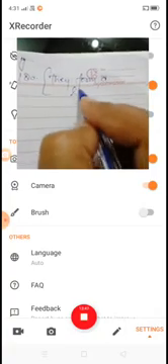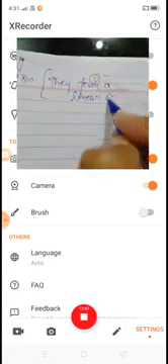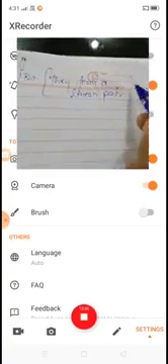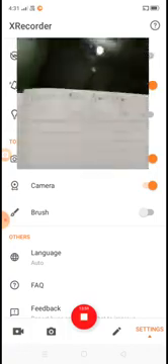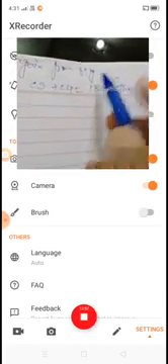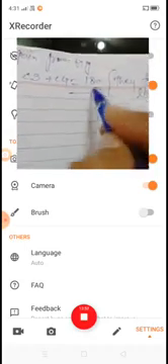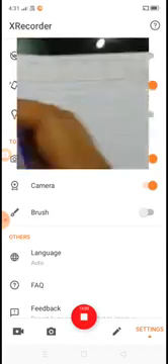We know that the sum of a linear pair is 180. So angle 3 plus angle 4 is equal to 180. Take it as equation number 2.